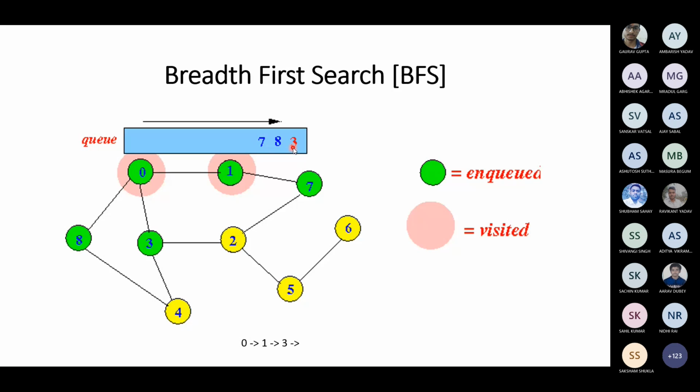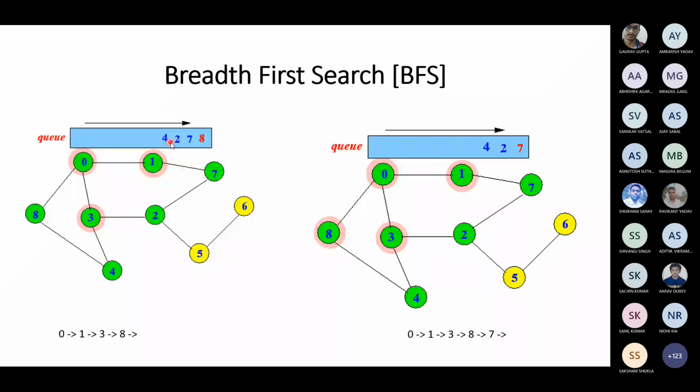Next node you will visit is 3. Then the edges containing 2 and 4 you will insert after 7. 2 and 4 will be inserted after 7 only. The next node you will visit is 8. 8 has all its nodes already inserted, so 8 will be taken out. You see the order of traversal.